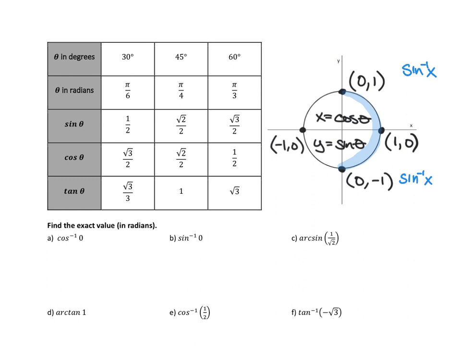Which 2 quadrants was inverse cosine allowed to be? 1 and 2. So inverse cosine is in 1, inverse cosine is in 2. So that means that this color would be these 2 quadrants.